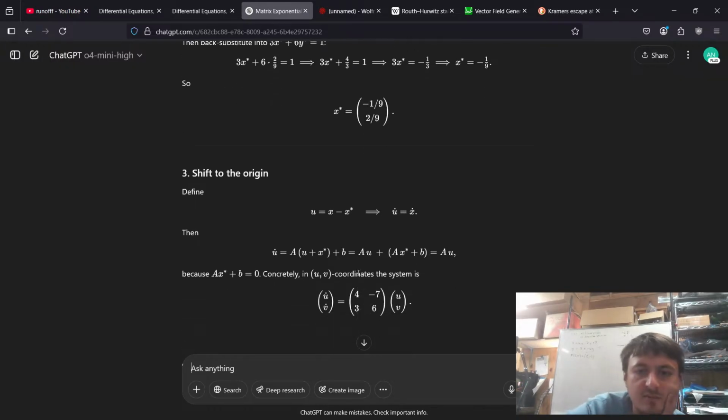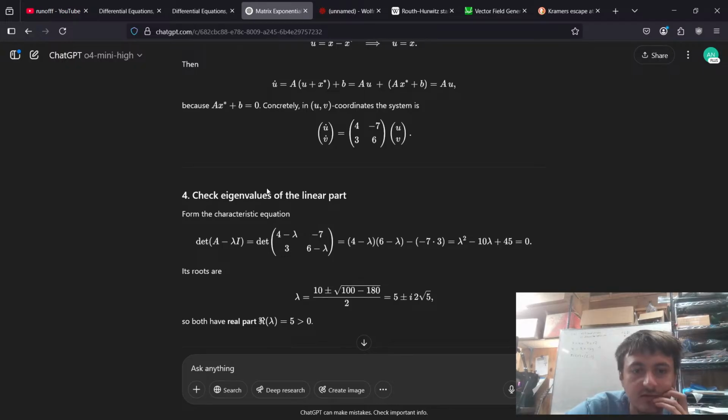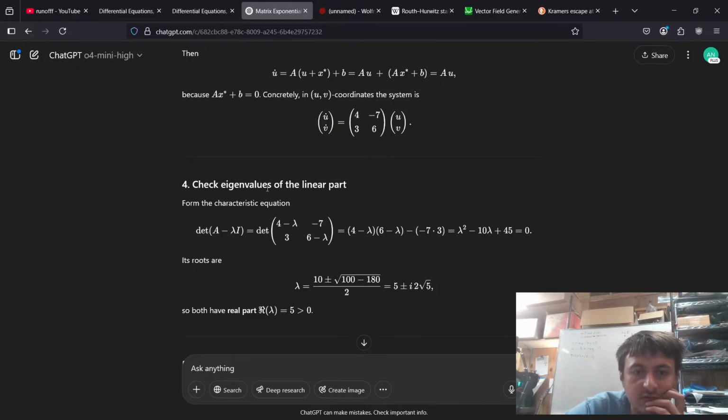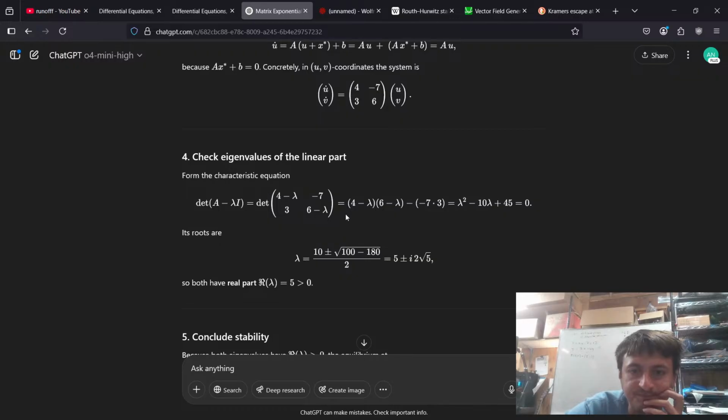Okay, so we got the equilibrium points. Now you shift to the origin. Oh, okay. So you just take the linear part.